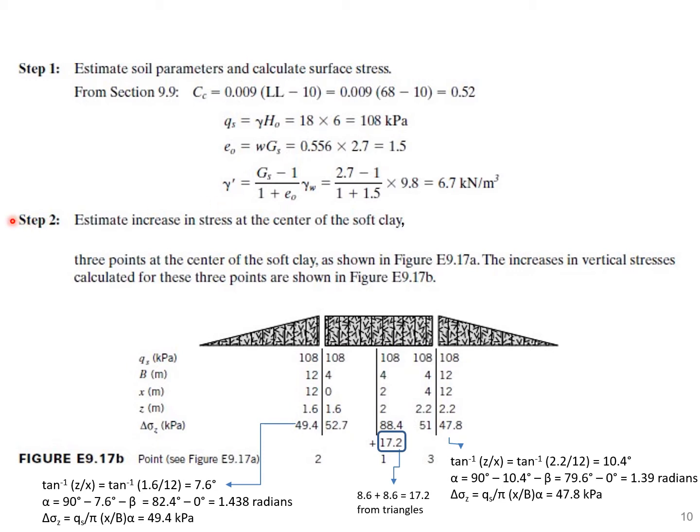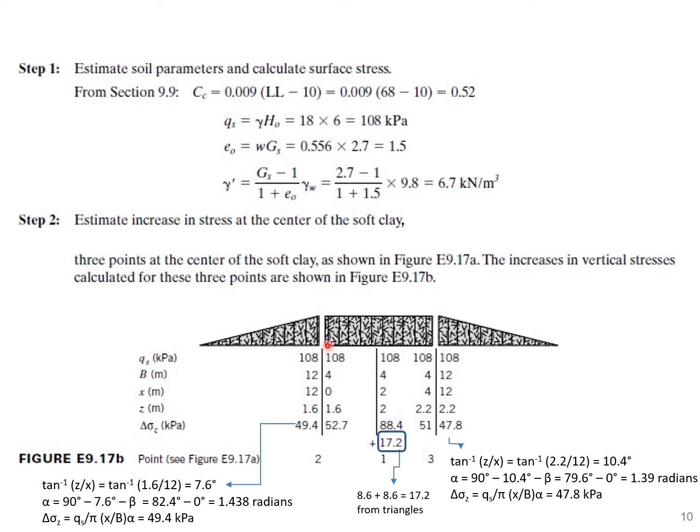Okay, the next step is to estimate the increase in stress at the center of the soft clay. So 3 points are being considered at the center of the soft clay as shown in the figure. As I showed in the figure on the previous slides, the increases in vertical stress calculated at those 3 points are shown in the figure below.